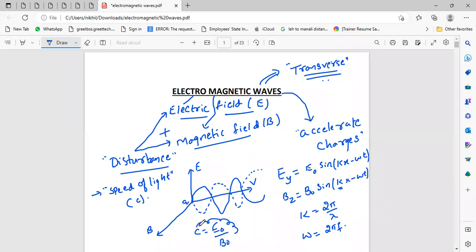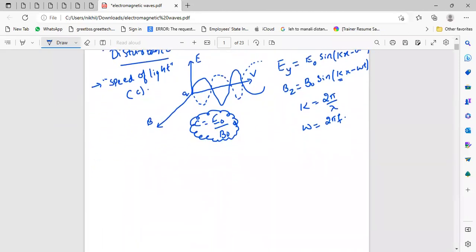Please remember the speed of the electromagnetic wave. It moves with the speed of light, that is 3 into 10 power 8 meter per second. But remember that speed c is equal to E naught divided by B naught, where E naught is the peak electric field and B naught is the peak magnetic field, or you can say the maximum electric field and the maximum magnetic field.